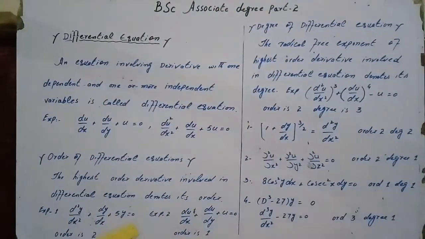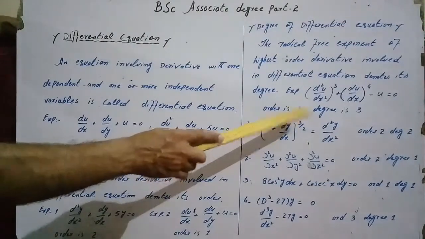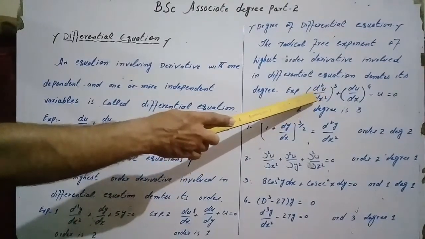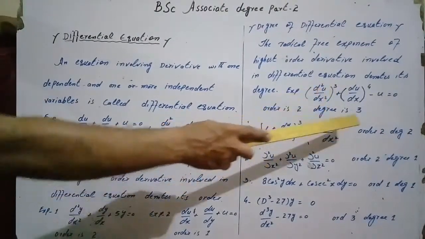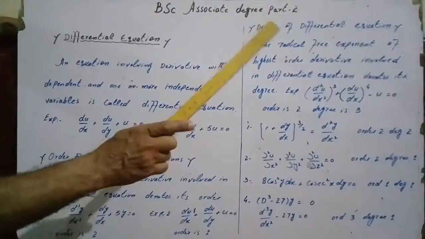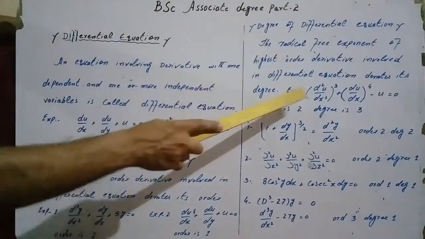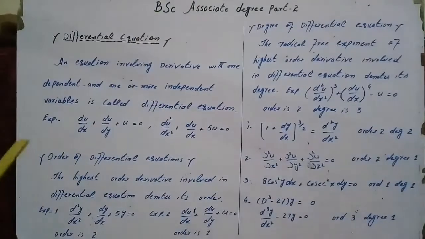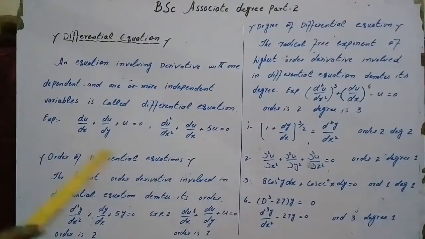Radical free means it should not be in square root, cube root, or any root form. The order of this differential equation is 2 because second order derivative is involved, and the degree is 3 because the power of the highest order derivative here is 3.